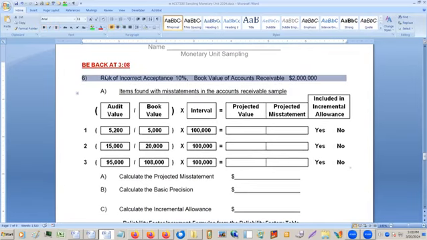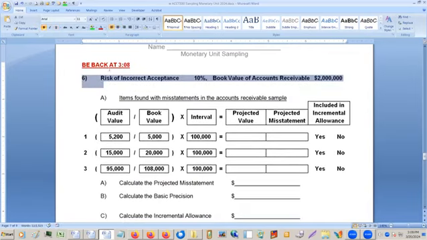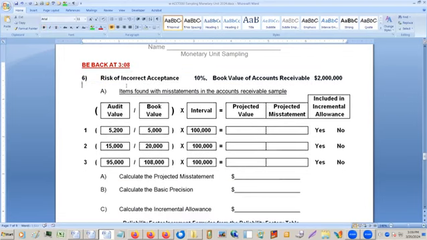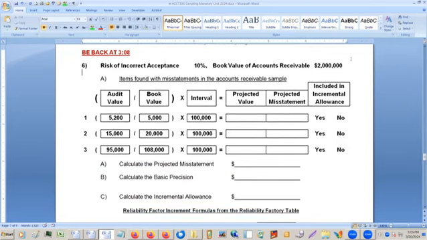All right, so this is the account we're looking at. The risk of incorrect acceptance is 10%. That's a judgment call we came up with. The book value of the receivable is $2 million. The interval is 100,000.